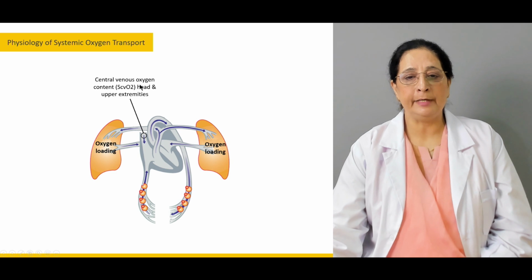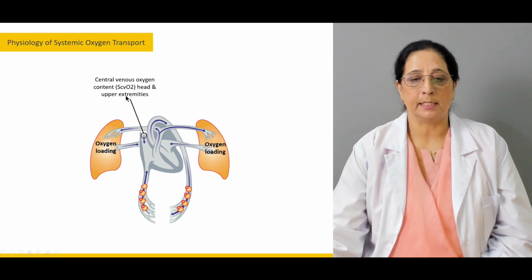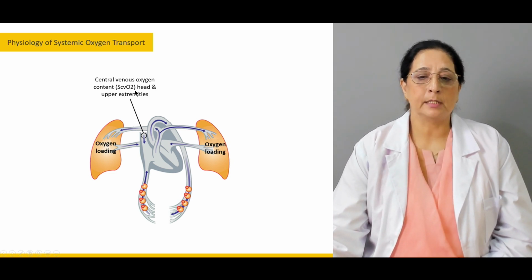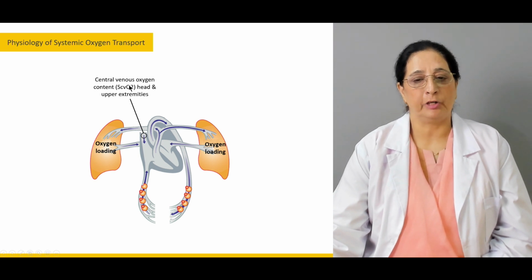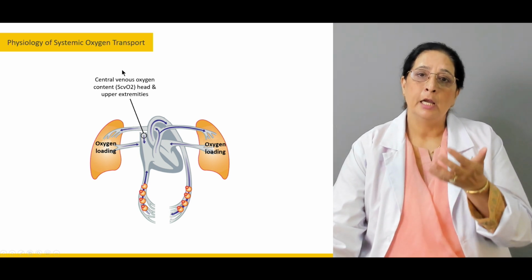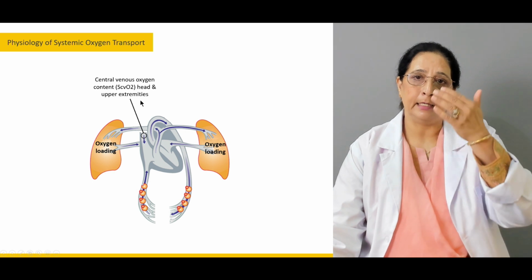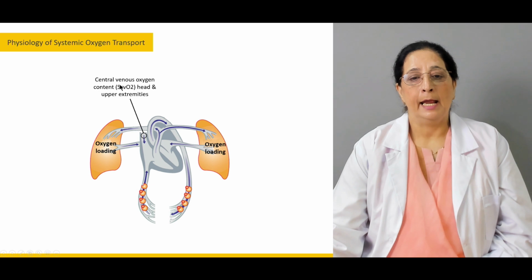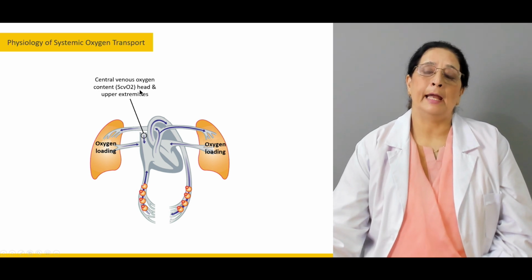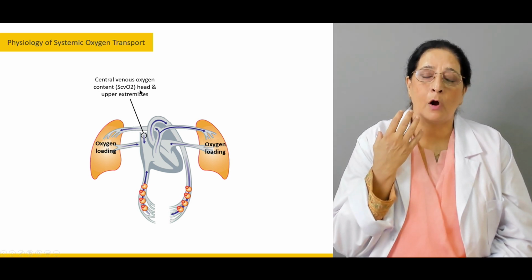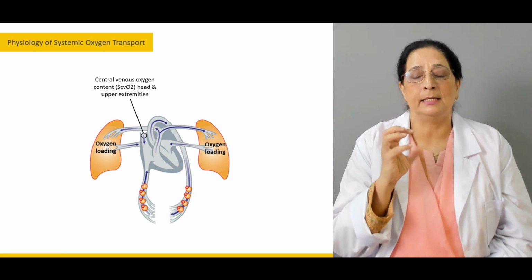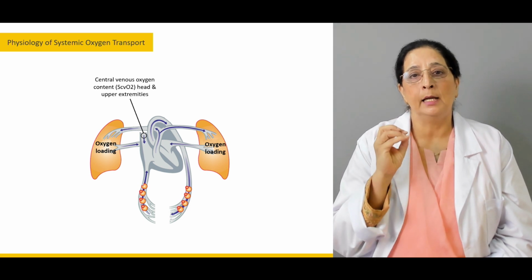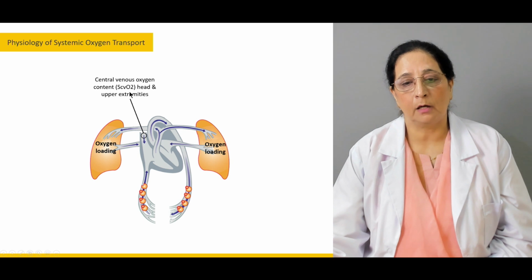So central venous oxygen content, central venous oxygen, head and upper extremity. As I mentioned, the superior vena cava is bringing the blood from the upper part of the body, and that gives us the oxygen level, the central venous oxygen content.